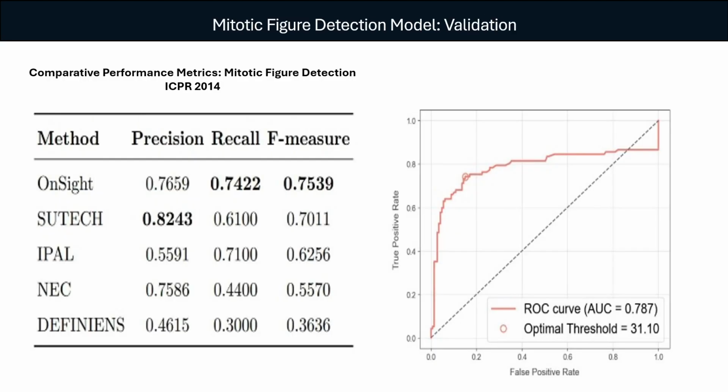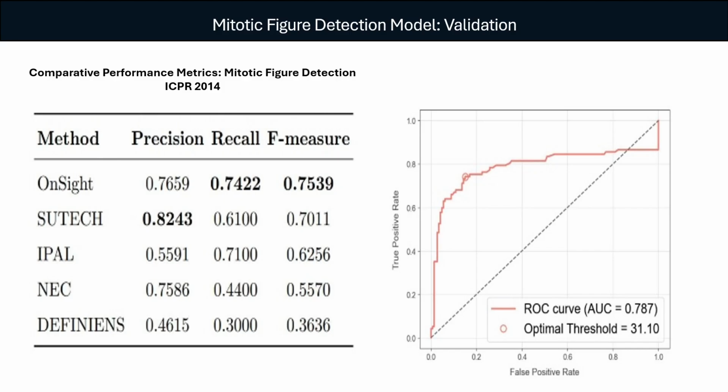So in terms of the mitotic figure detection validation, we basically validated OnSight against other models in the literature. And we can see that, for example, against models who participated in the ICPR 2014 challenge, OnSight was getting a relatively similar performance to other models, and also the key advantage being that it is in real time and it is digital slide agnostic.